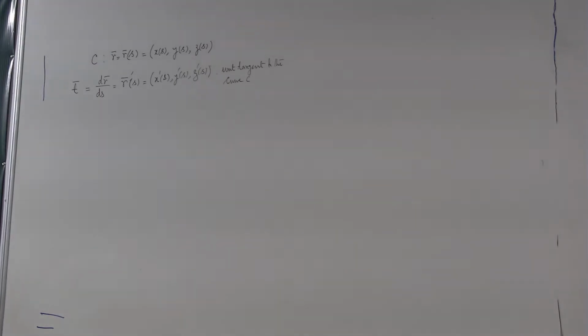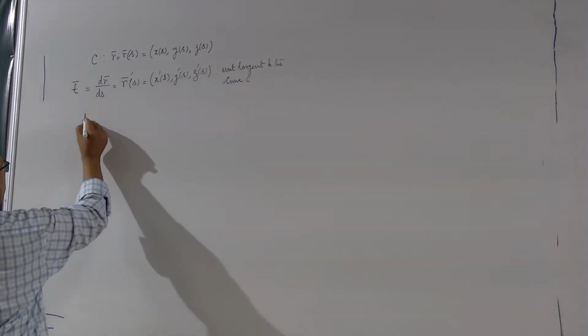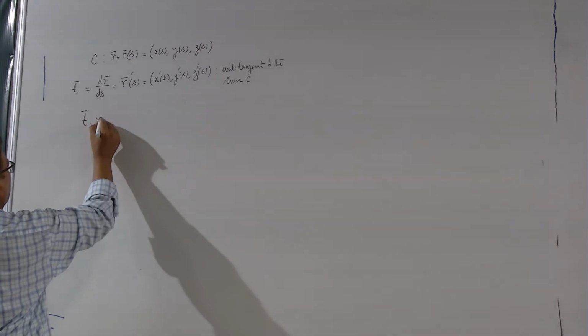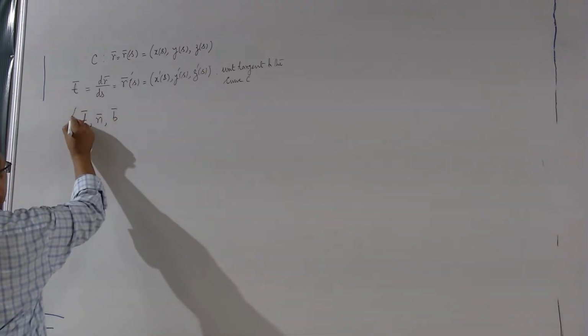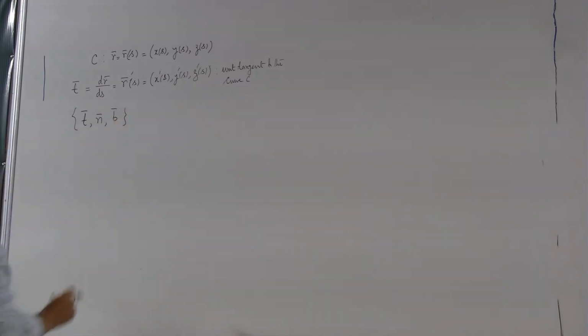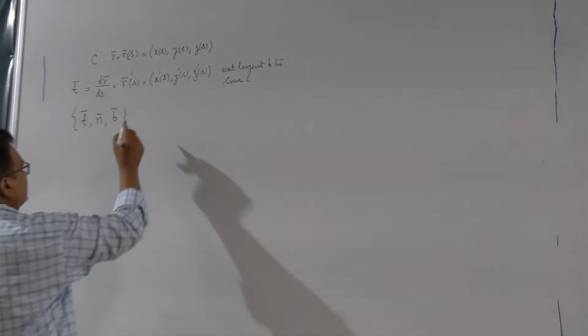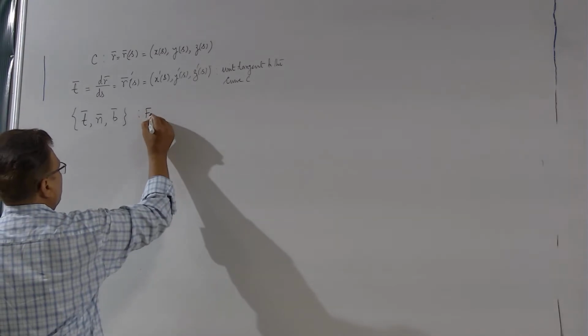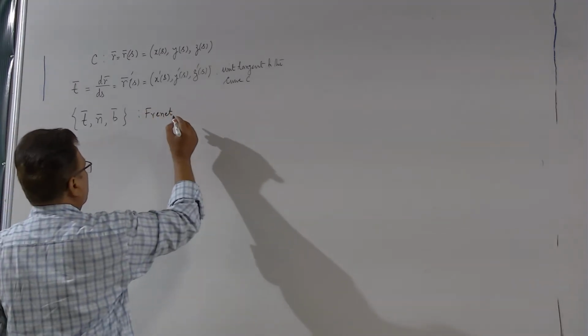And there are other unit vectors associated to the curve C. They are denoted by the symbol T, N and B. This triplet of 3 unit vectors which are orthogonal to each other are also known as Frenet trihedron. So, this is a Frenet trihedron which is always available on a regular curve.